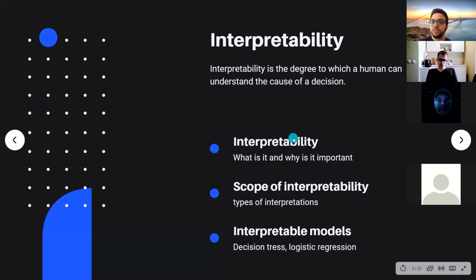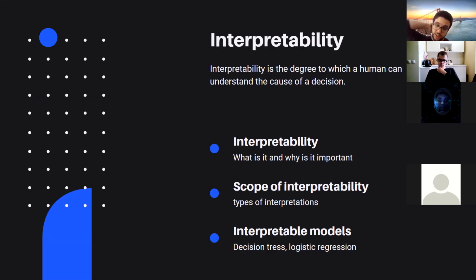The definition of interpretability is not really something that you can easily find in a book, but there are two main definitions that people really like to use. The first one is: interpretability is the degree to which a human being can understand the cause of a decision. For example, if you have a deep learning model that looks at MRI scans and says this patient has cancer or does not have cancer, the doctor, in order to really trust the results of the model, will need to get some sort of explanation.